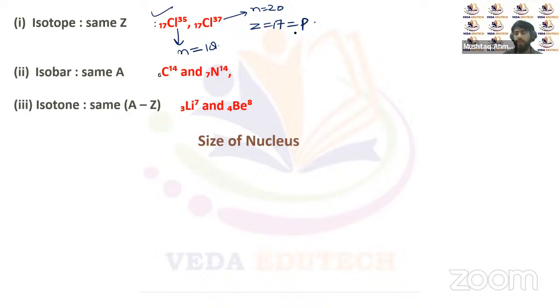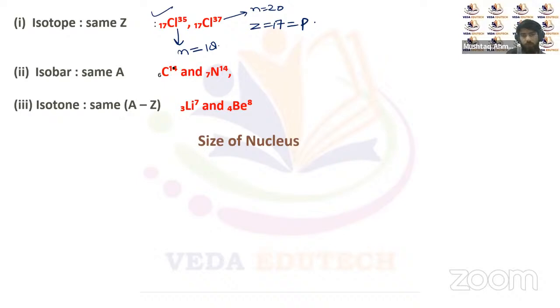Isobars are atoms or nuclei having the same mass number. They can have different atomic numbers, but the same mass number. Suppose we have nitrogen 14 and carbon 14. Carbon has atomic number 6 and nitrogen has atomic number 7. They have different atomic numbers but the same mass number.